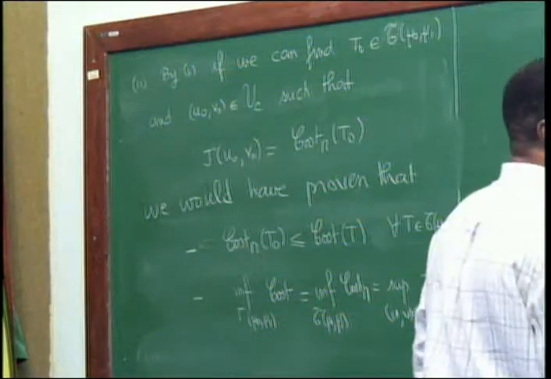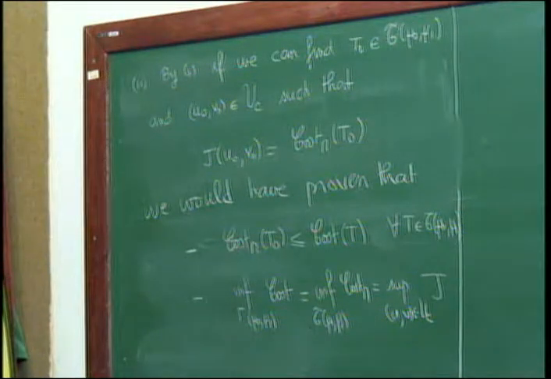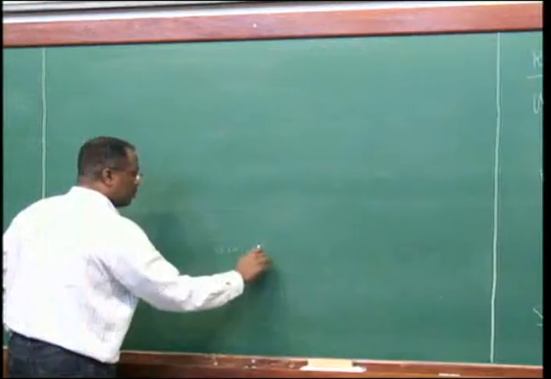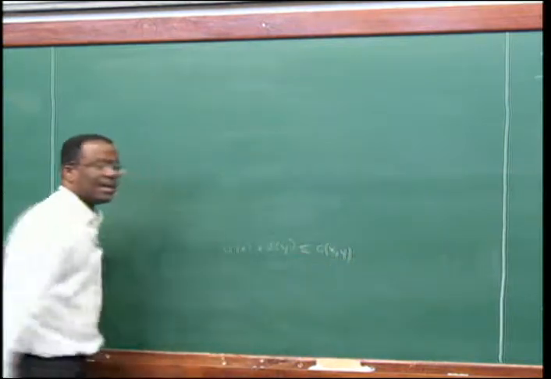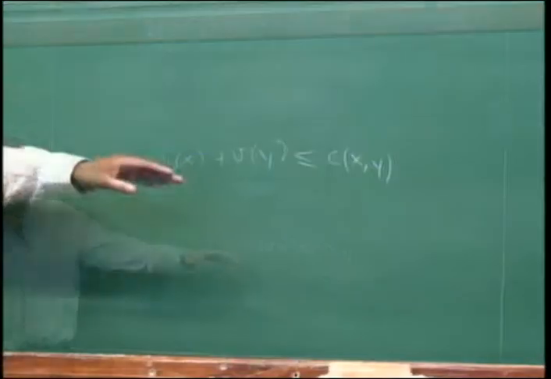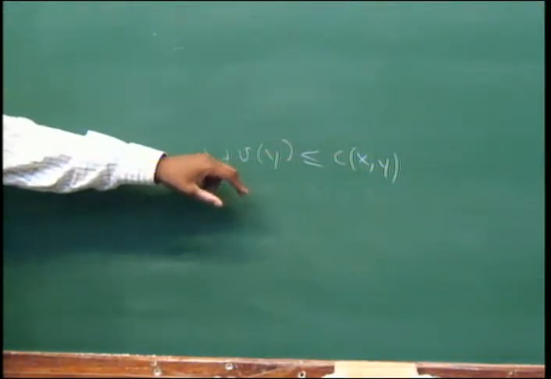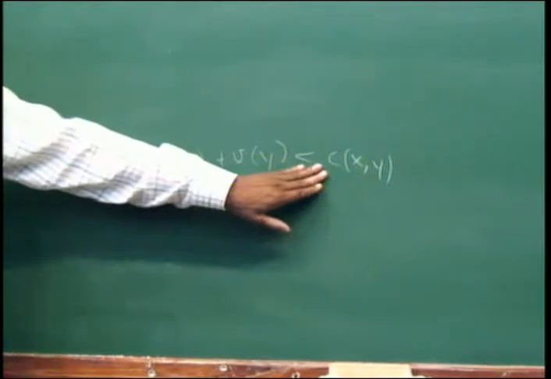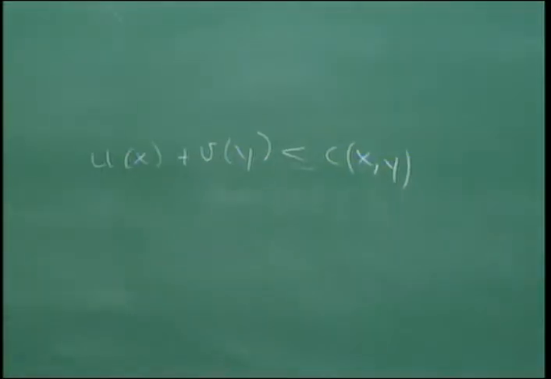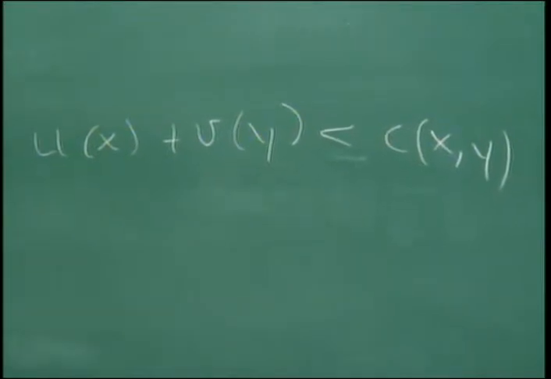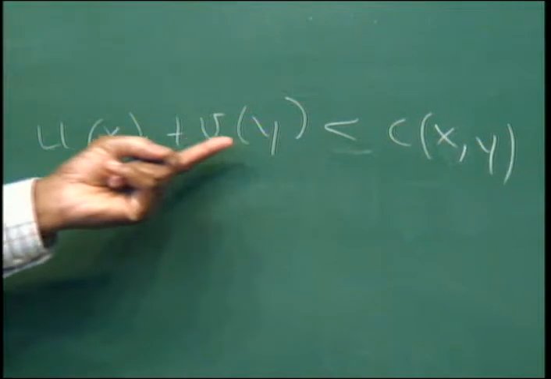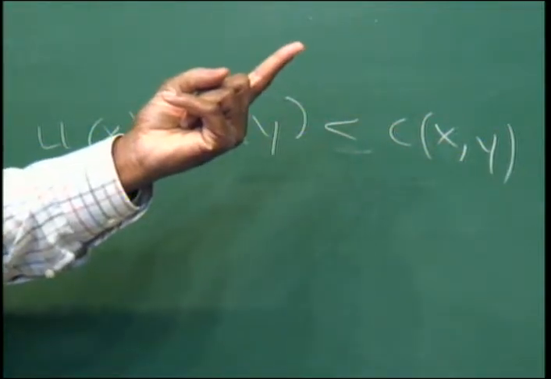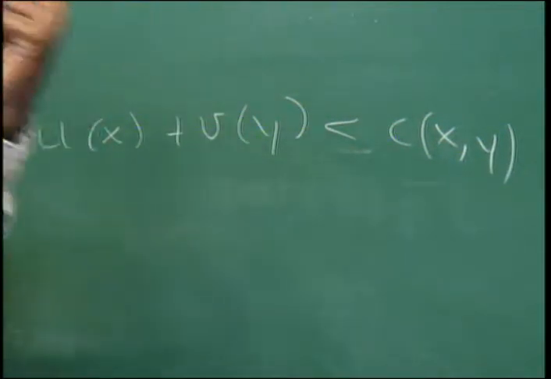So we started with the condition U of x plus V of y is less than or equal to C of x, y for every x and y. And the plan was, given x, it cannot be true that U of x plus V of y is strictly less than C of x, y for every y. If that happened, U, V cannot be a maximizer.